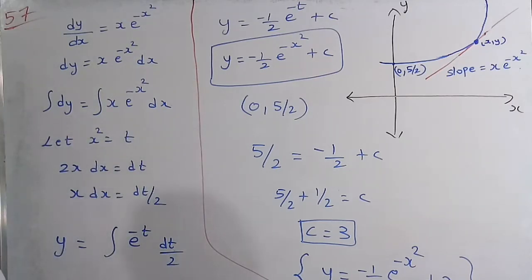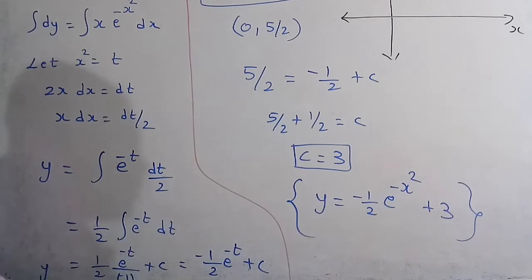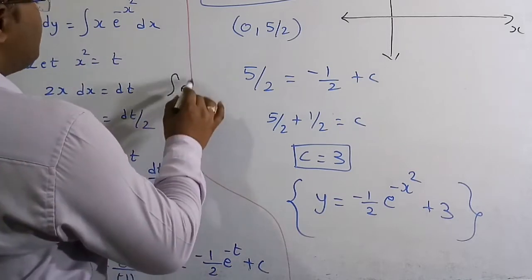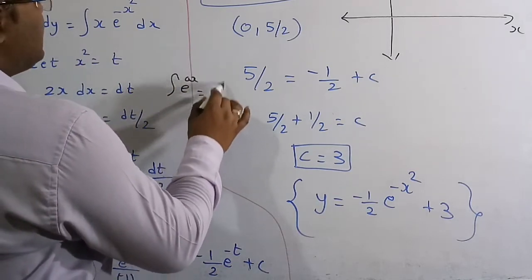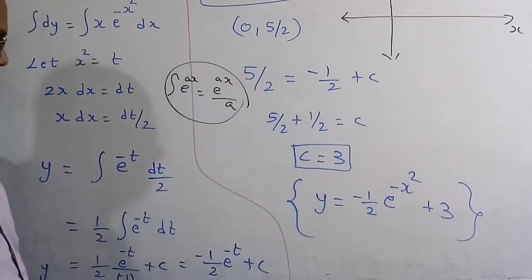One by 2 is a constant value, so we can take it outside the integration. So 1 by 2 into the integration of e to the power of minus t into dt. The integration of e to the power of minus t is e to the power of minus t by minus 1, because the integration of e to the power of ax is equal to e to the power of ax by a. By this formula we apply the integration.